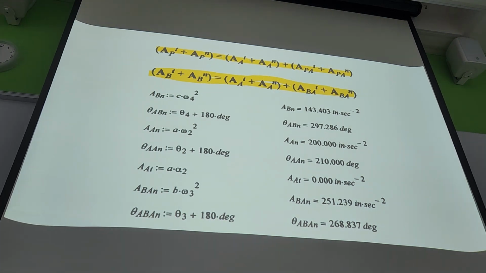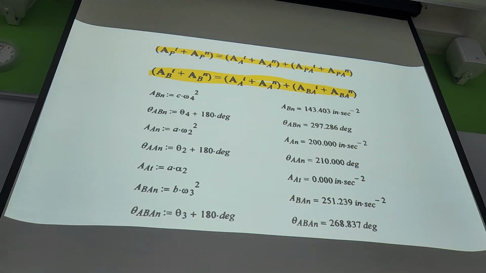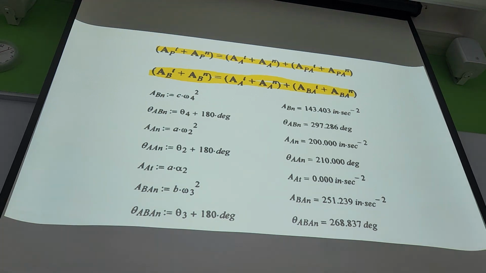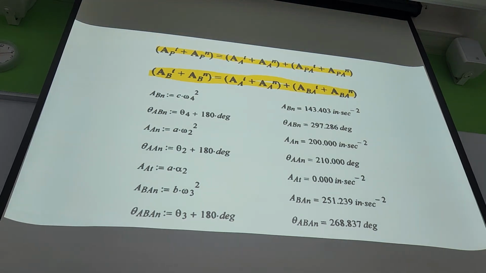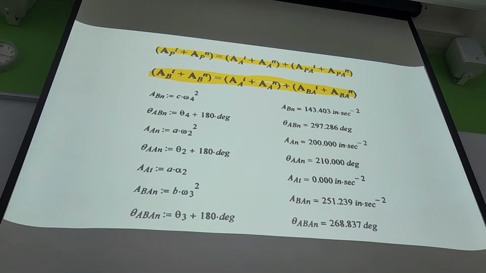Similarly, the tangential component of point A acceleration is r into alpha 2. Alpha 2 is given as 0, therefore point A has no tangential acceleration.